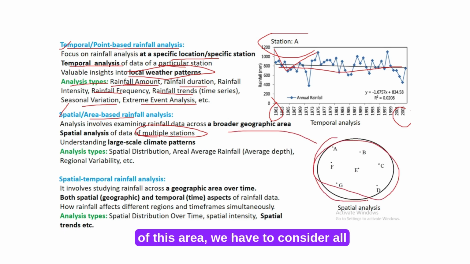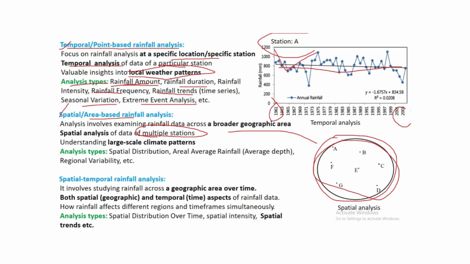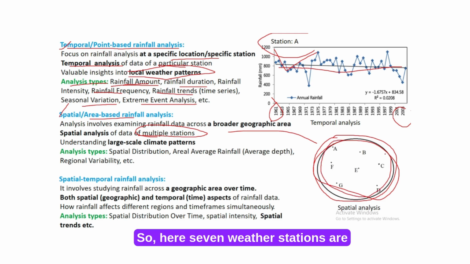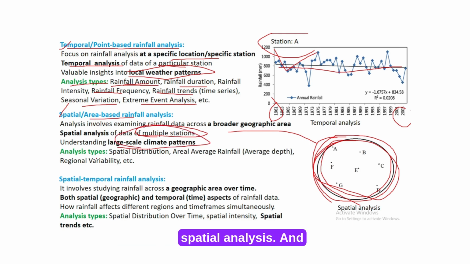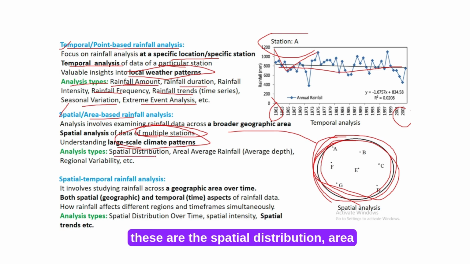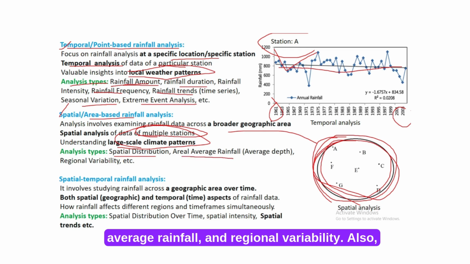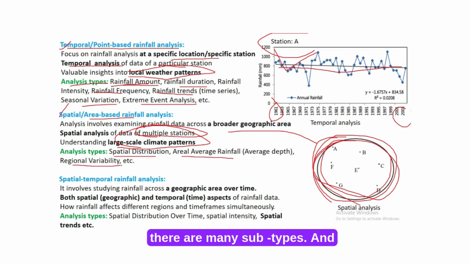To analyze the rainfall of this area, we have to consider all the weather stations present here. There are 7 weather stations present, so we have to consider rainfall data from 7 stations to analyze the variation and distribution of rainfall. So here we get large-scale climatic information. There are also subtypes of spatial analysis: spatial distribution, areal average rainfall, and regional variability. Also, there are many other subtypes.